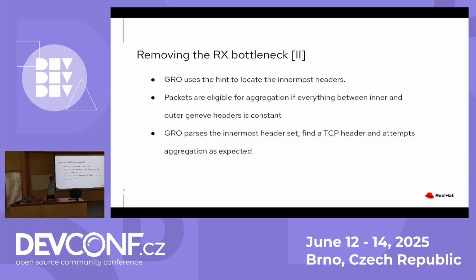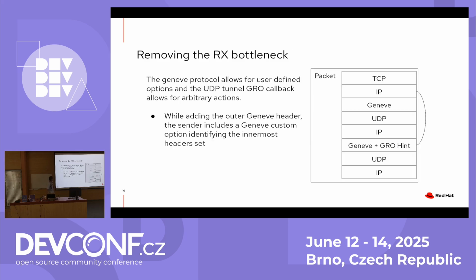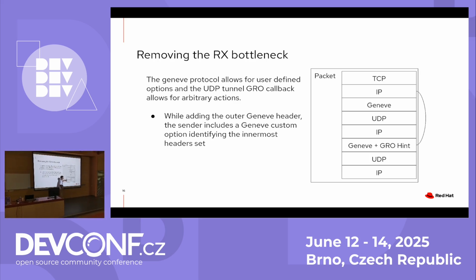The packets are received on the other end. GRO takes place. It parses the outermost header the normal way and tries to aggregate them. And so far, so good, because the first few headers are just plain IP, UDP, things that GRO is able to understand.